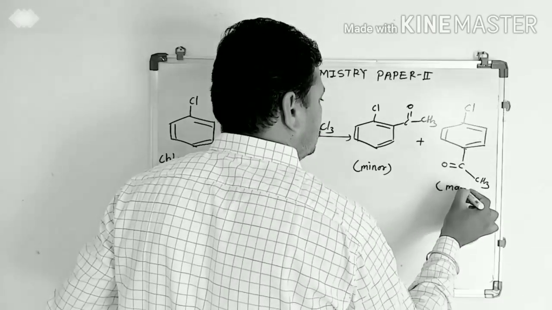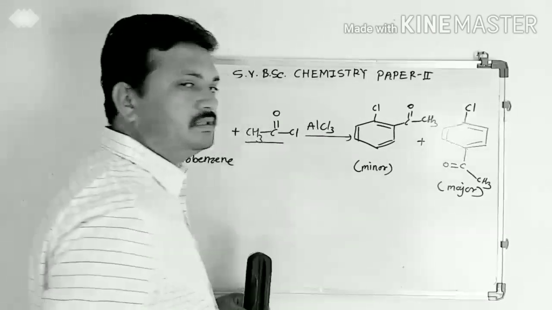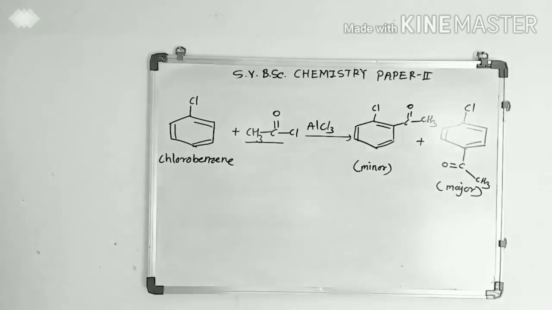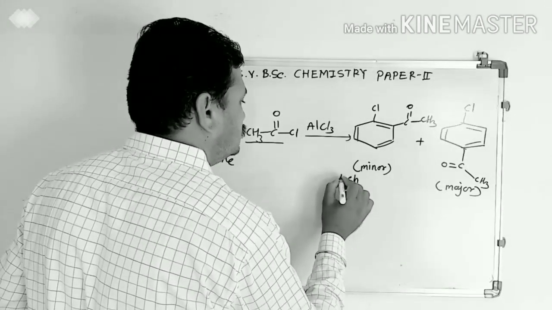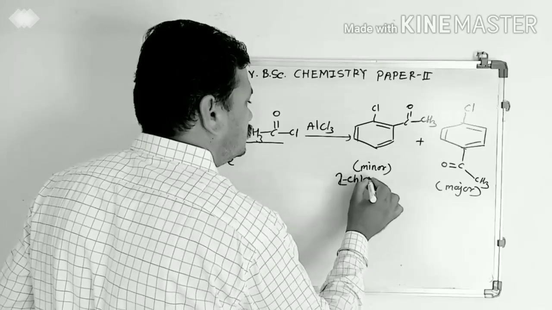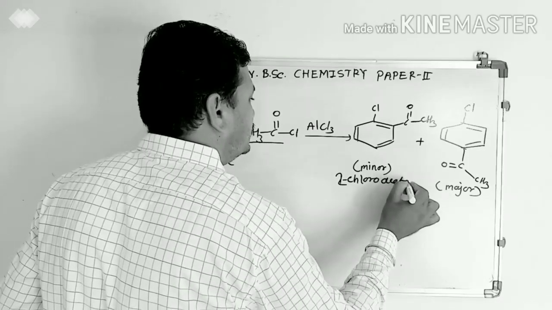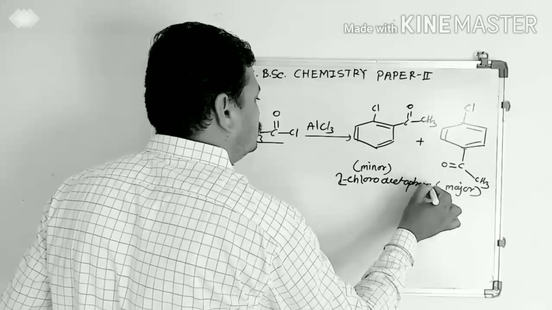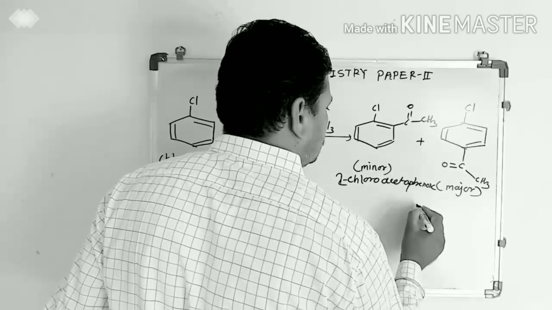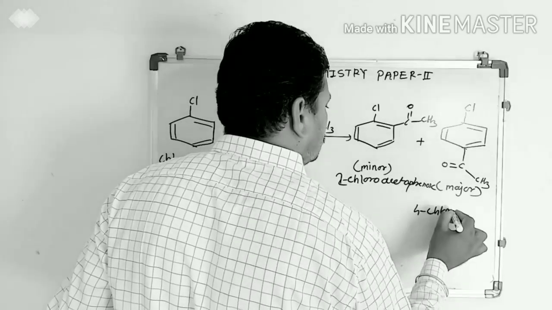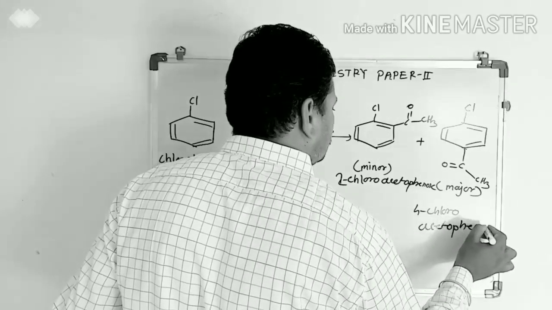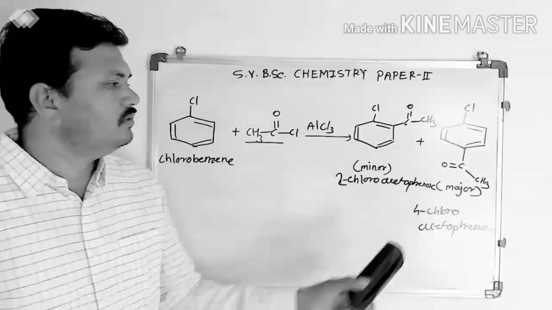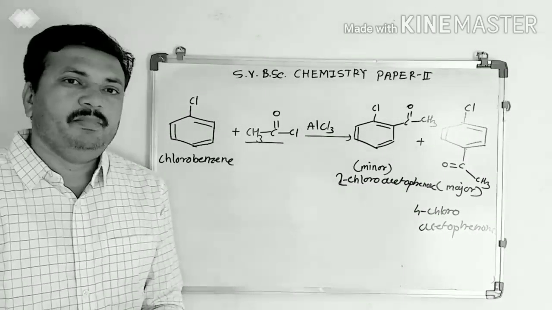Okay, it is 2-chloroacetophenone and it is 4-chloroacetophenone, and the 4-chloroacetophenone is the major product.